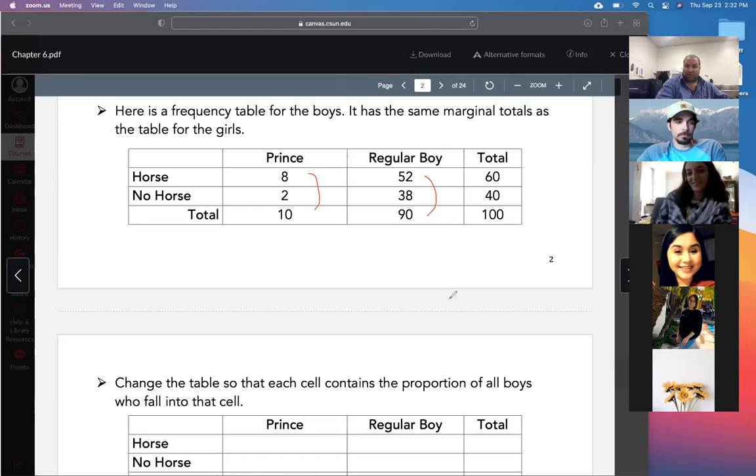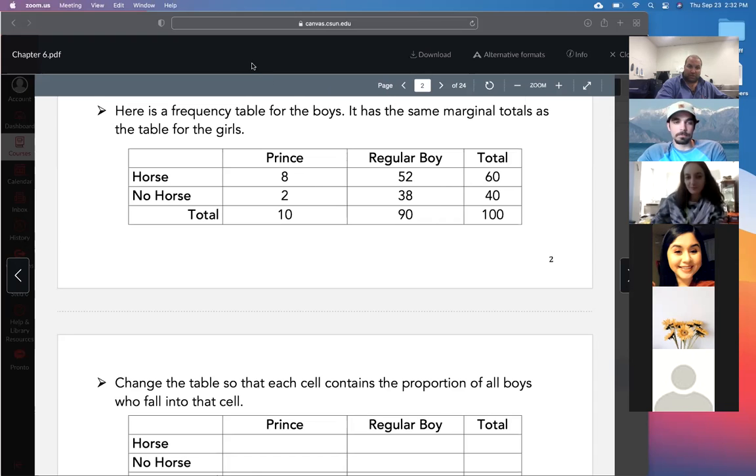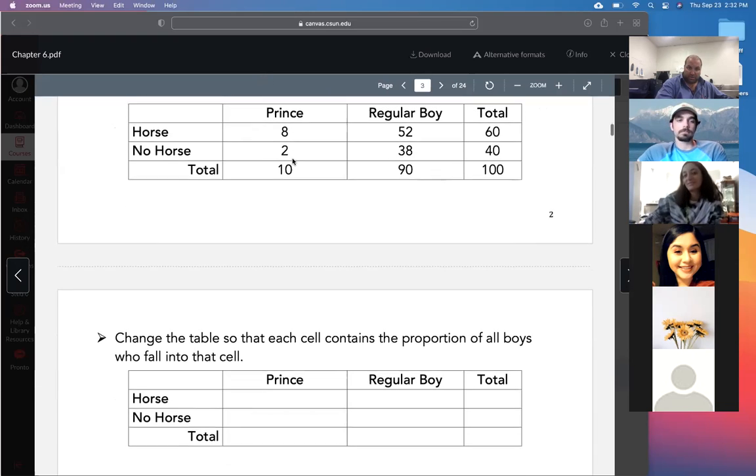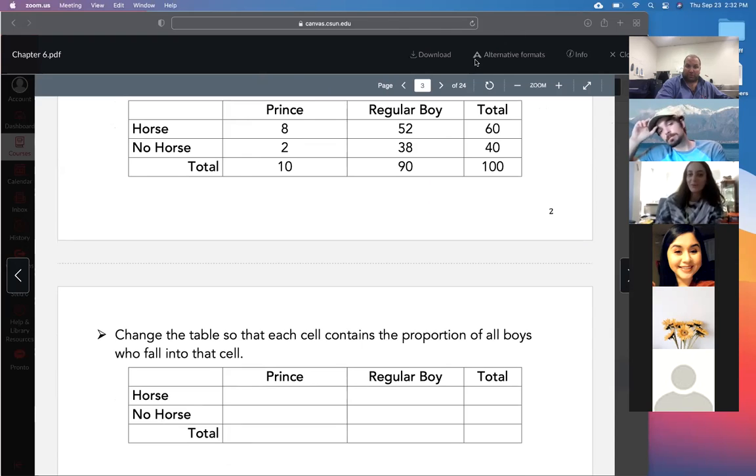Is 8 over 10 equal to 52 over 90? No, which means these variables are not independent.